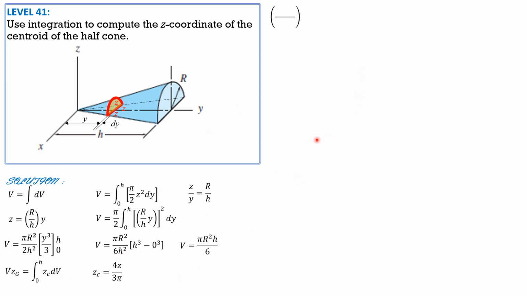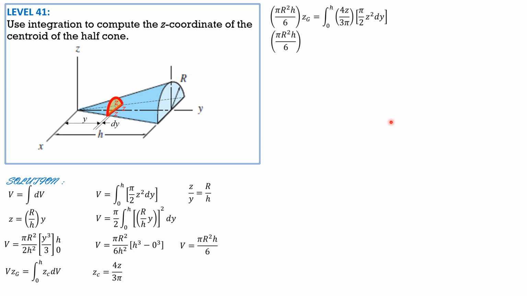Substitute, so volume pi r squared h over 6 times g sub z equals integral from 0 to h of 4z over 3 pi times pi over 2 z squared dy. Simplifying, cancel pi, then we have 2/3. Then the value of z is r over h times y.